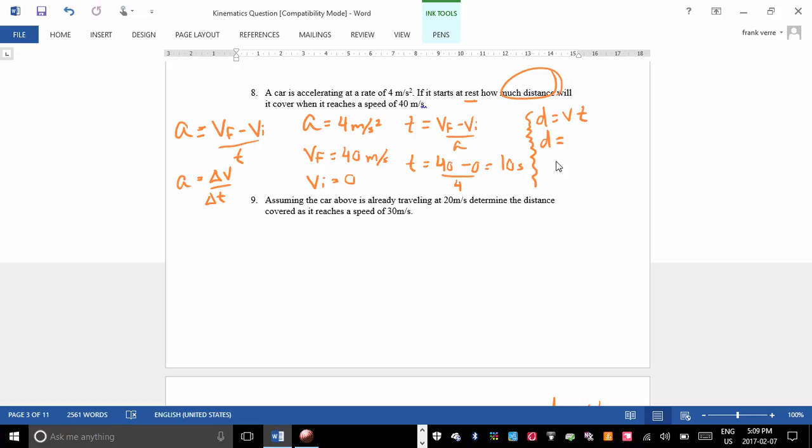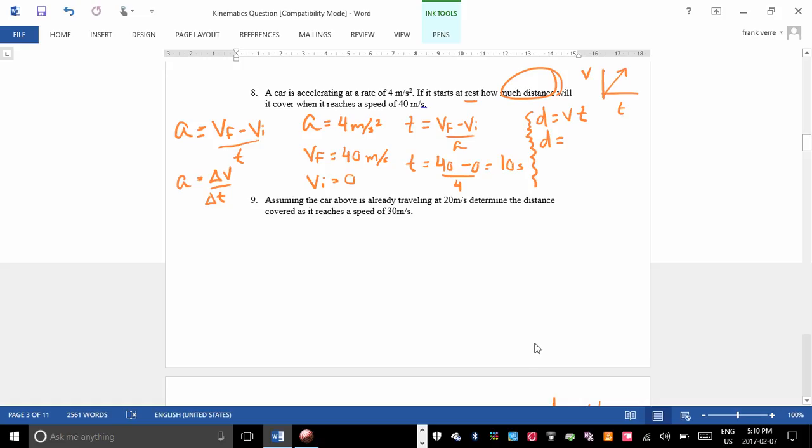If you understand that the object is traveling initially at rest and then accelerating up to 40 meters per second, we can assume that the change in speed is constant. So what that means is that if you were to look at a graph of v and t, the velocity, or sorry, the speed, is increasing at a constant rate.